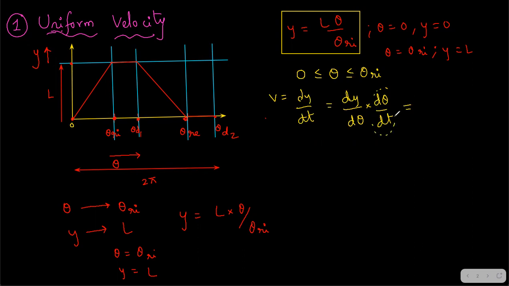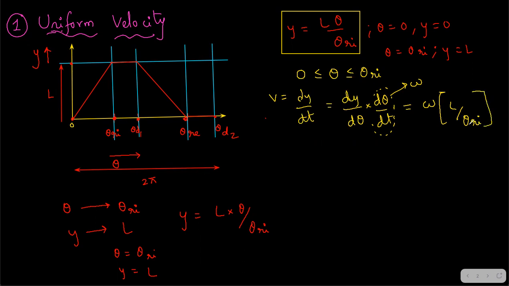So d theta by dt is omega, the rate of change of angle. Theta is the angle, and the rate of change of angle is omega. So I get omega multiplied by the differentiated equation, which gives L by theta Ri.